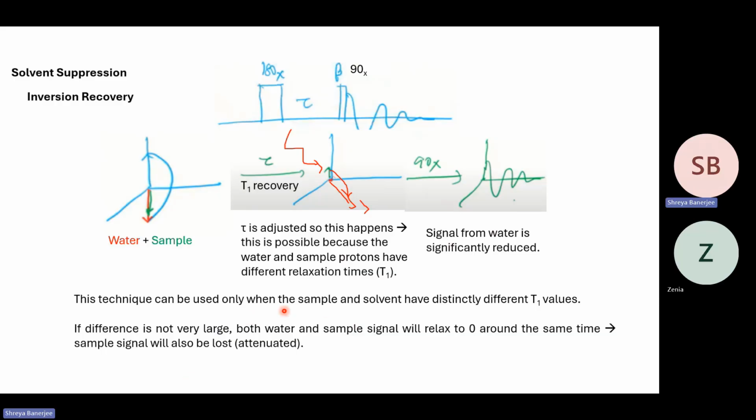So this method can only be used when they have very distinct values of relaxation T1. Because if not, both will come to zero at the same time, so both signals will be lost. You basically need the water signal to come to zero, but you need the sample signal to be in the plus Z so that it can be brought down to XY by the 90-degree pulse and it can be recorded.